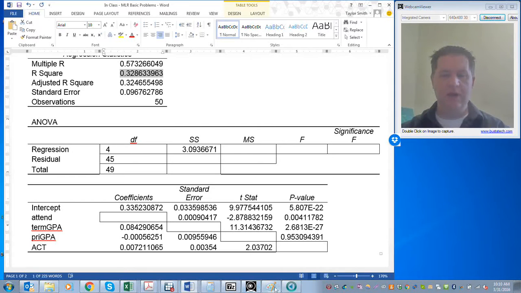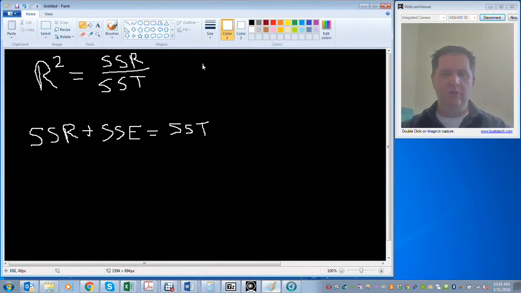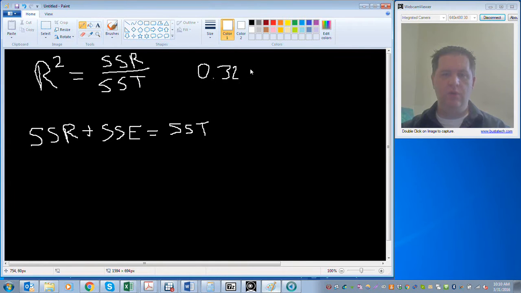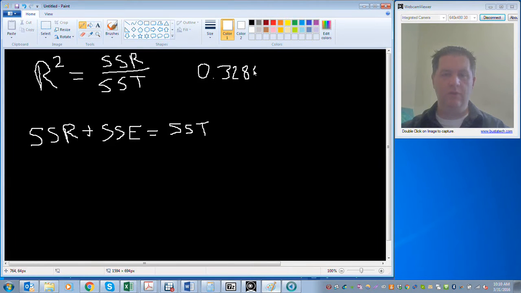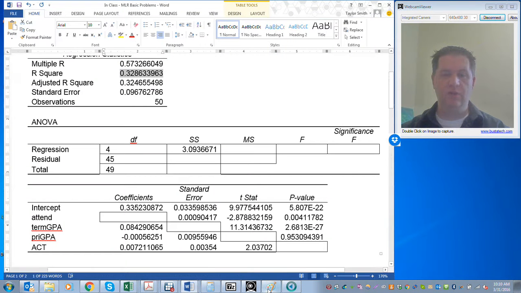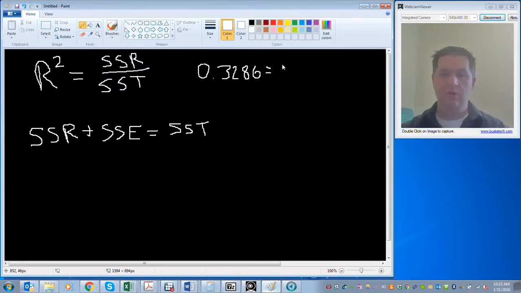Okay, so let's go back to Paint. So we get 0.3286, and that's equal to SSR, which we know, come back over here, SSR is 3.0937.